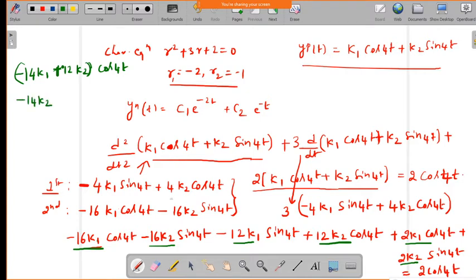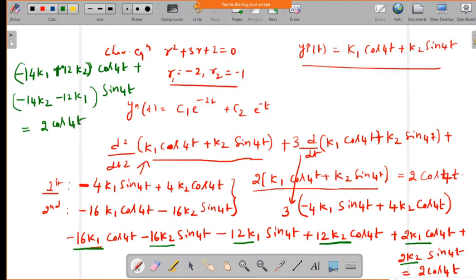So in the sine term, the k2 terms are minus 14 k2 and minus 12 k1, into sin 4t. The sum of these cos and sine terms will be equal to 2 cos 4t.